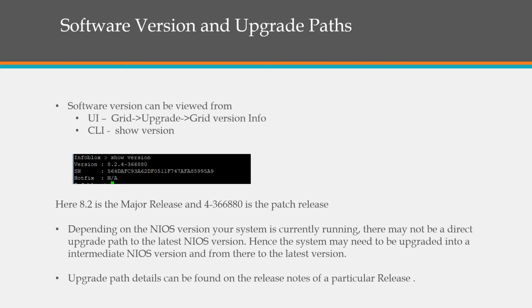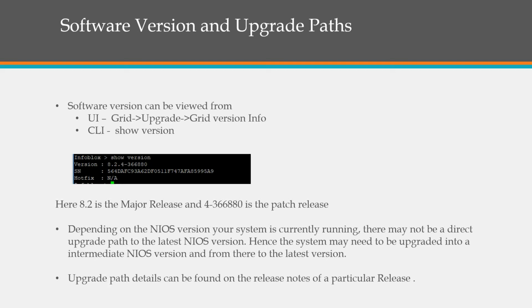Depending on the NIOS version your system is currently running, there may not be a direct upgrade path to the latest NIOS version. Hence, your grid needs to be upgraded to an intermediate NIOS version, and from there to the latest version. So basically, rather than just going from your current version to the latest version, you might have to take an intermediate hop.